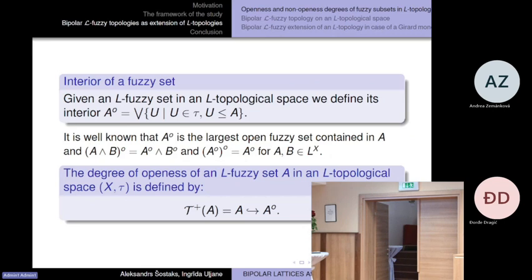It is different in the case of fuzzy topology, where a set may be not open, but its interior can be very close. So we can measure the degree to which A is contained in its interior.